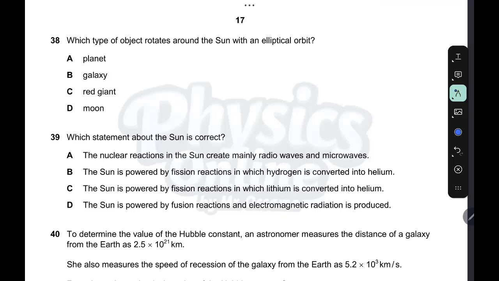Which type of object rotates around the sun in an elliptical orbit? Elliptical orbit, so we're talking about a planet around the sun. A galaxy does not revolve around the sun. A red giant does not revolve around the sun. A moon does not revolve around the sun. Only the planet.